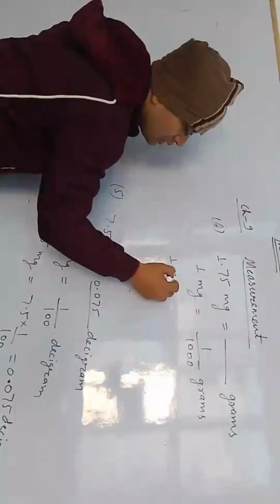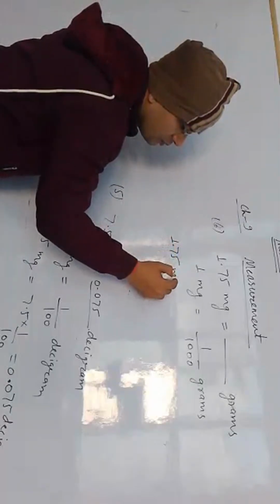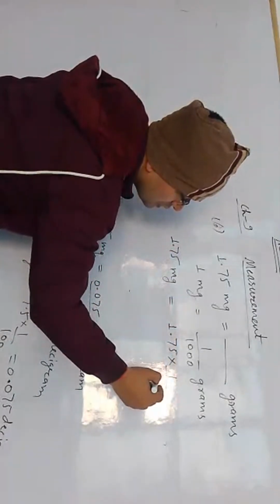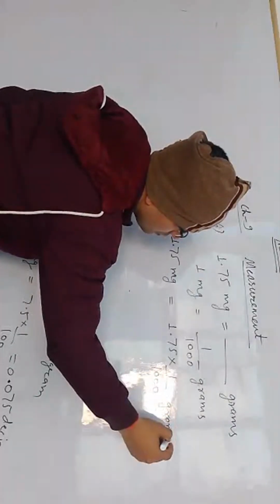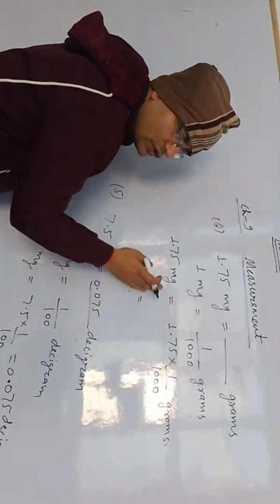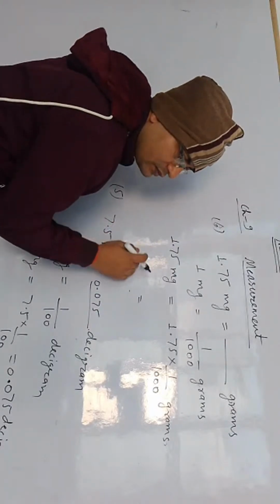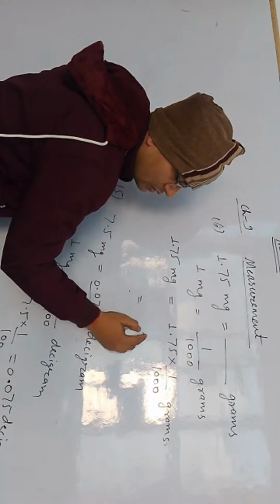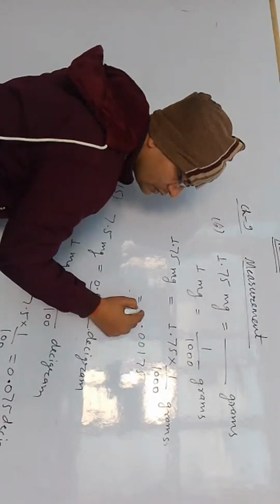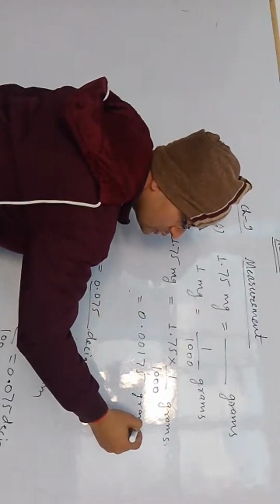Then 1.75 milligram is equal to 1.75 multiplied by 1/1000 grams, so the decimal will move 3 digits towards the left hand side. 0.00175 grams. Okay.